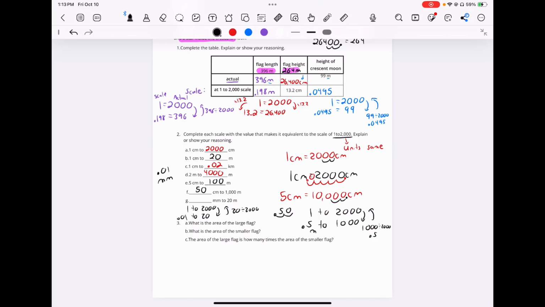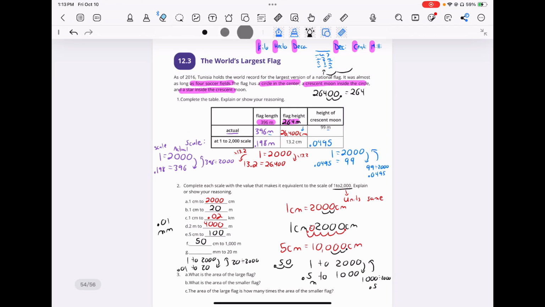But I need millimeters. So I go back to my conversion. So this was meters because that's what we started with, but we need millimeters. So I'm at my base, I move 1, 2, 3 to the right. So 1, 2, 3, fill in with a 0, and I have 10 millimeters.